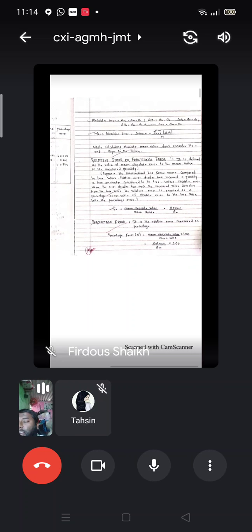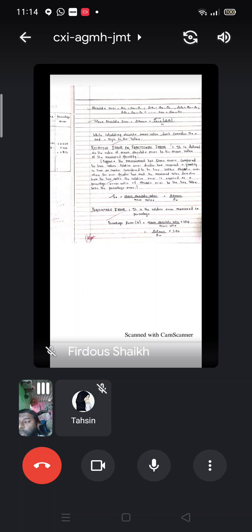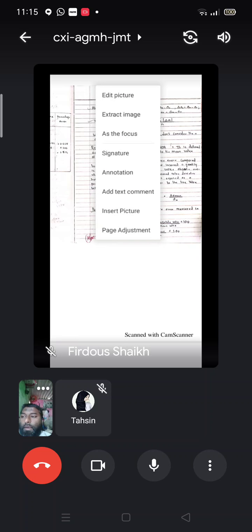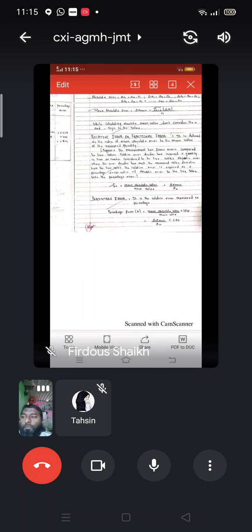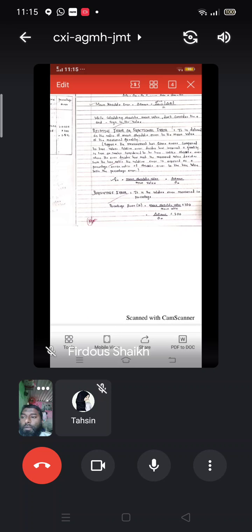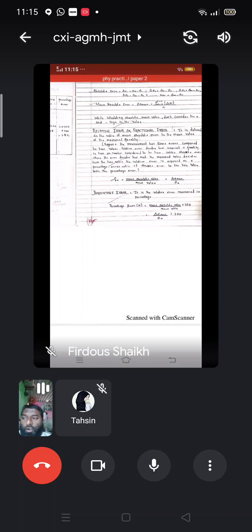While calculating the absolute mean value, don't consider the positive and negative sign in its value. That's why the mod is there. You can see that two lines are there. You only have to consider their magnitude, not the direction. Relative error, or say fractional error, is defined as the ratio of mean absolute error to the mean value of the measured quantity.